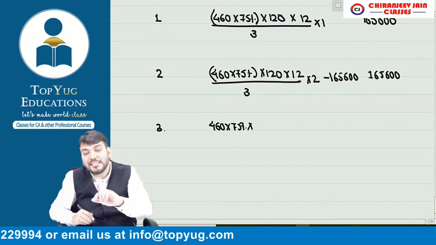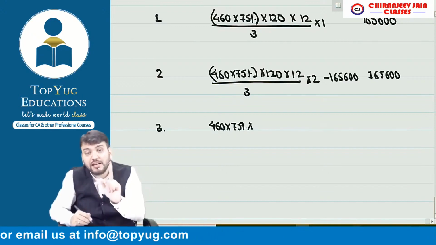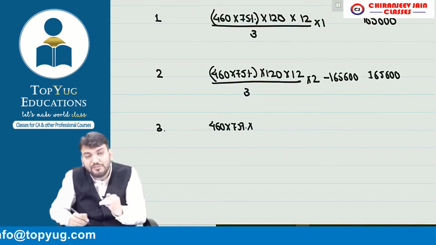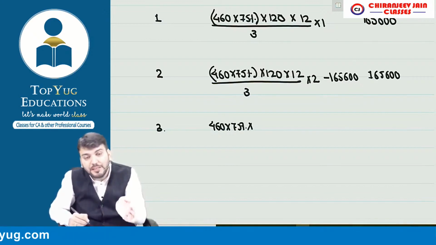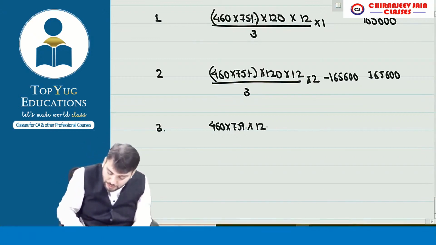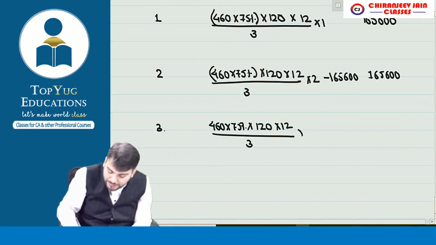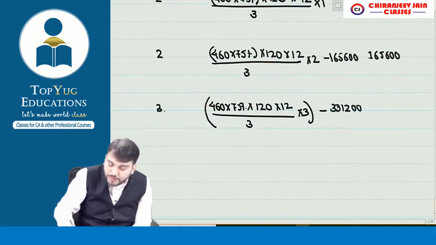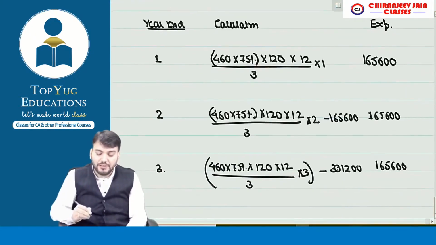It says the expected becomes actual. So in the third year we take actual, because they estimated 25% will leave and that becomes actual for the future also. Correct? So into 120 into 12 divided by 3 into 3, minus 3,31,200. The same answer will come, 1,65,600. Understood?